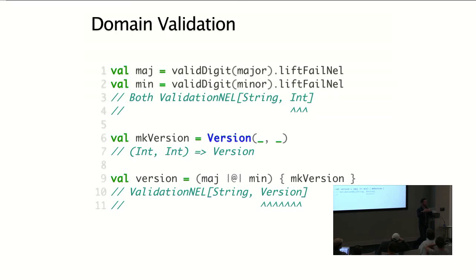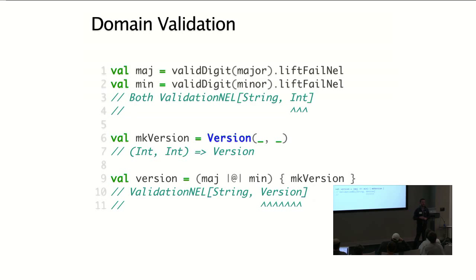So if it was a 1, it would be a success of 1. So you still have that original input on failure. We give it an int and we're producing a Validation of String and Int, so it's going to hold the original input. But later we don't have the version we're validating. We're combining the two ints and then giving it a function that takes those two ints to a version, and that's happening inside of the validation.